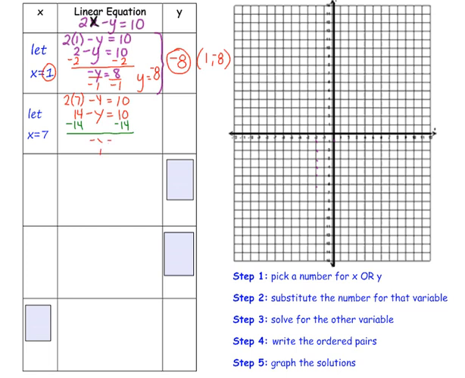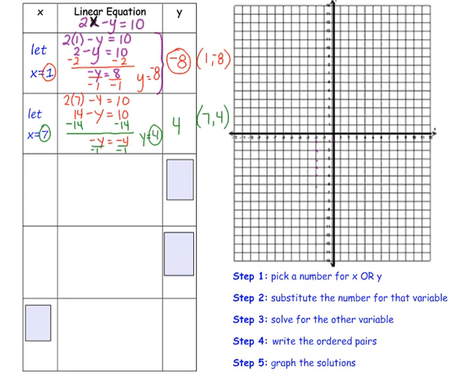Negative y equals negative 4. Divide both sides of the equation by the invisible coefficient, negative 1. Y equals 4. We found another solution. It is the ordered pair where x equals 7 and y equals 4. Our second solution is 7, 4.